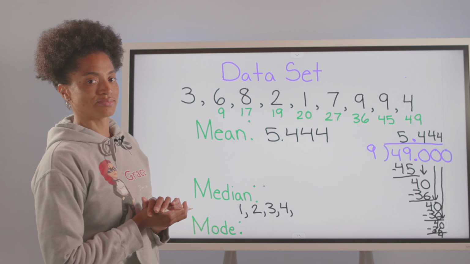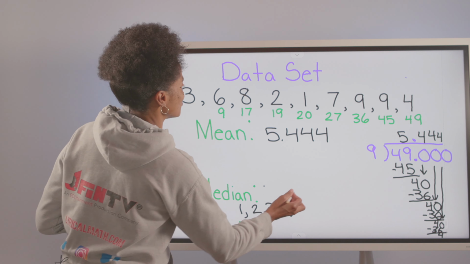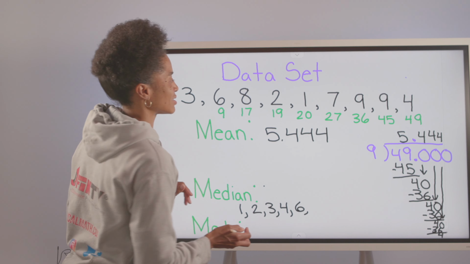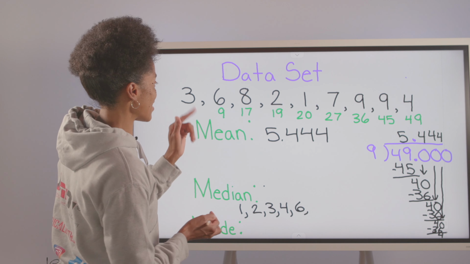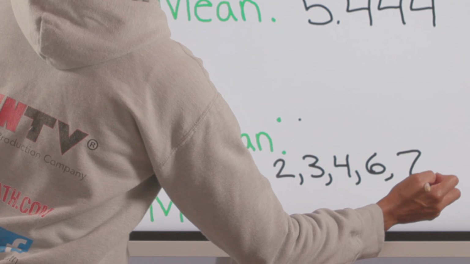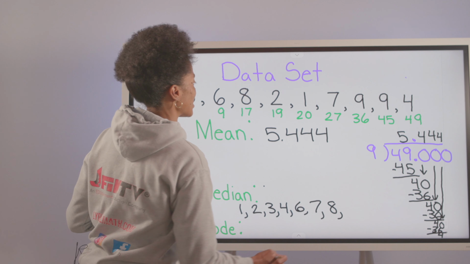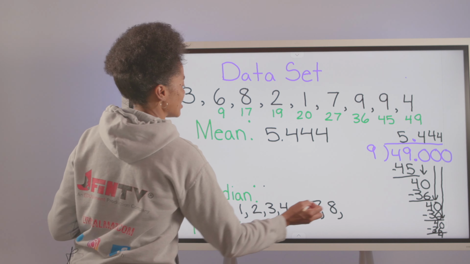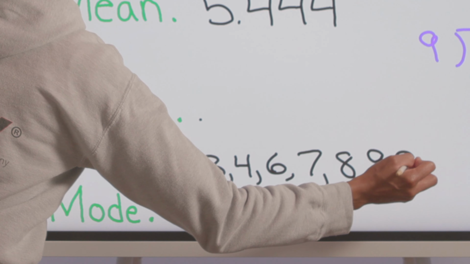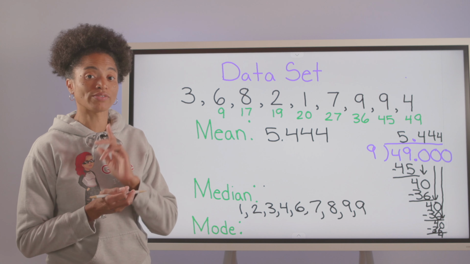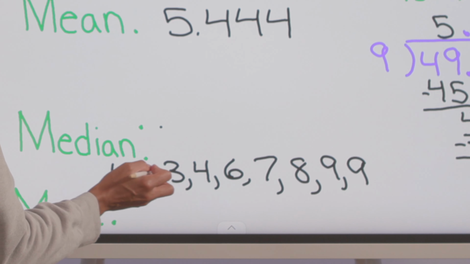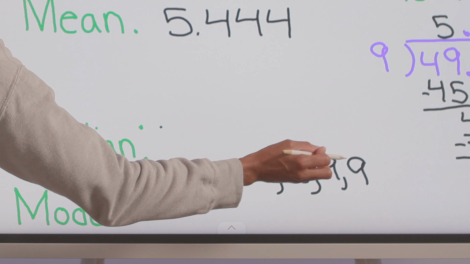After 4, 6. After 6, 7. Okay. And then 8. Next we have 9 and 9. Double check and make sure we have a total of 9 data values. Here we go. 1, 2, 3, 4, 5, 6, 7, 8, 9.